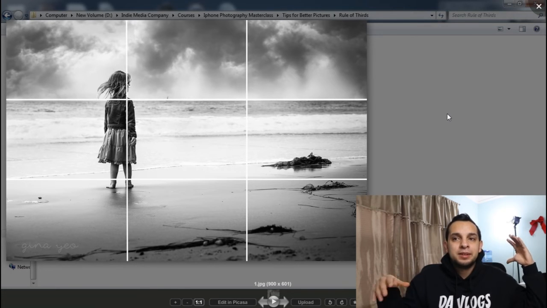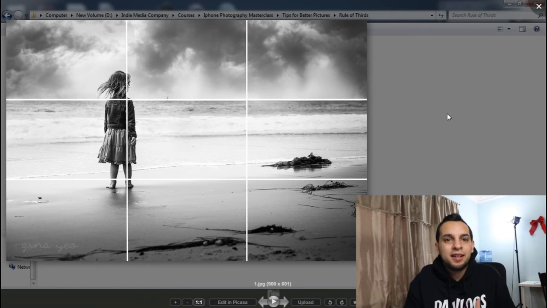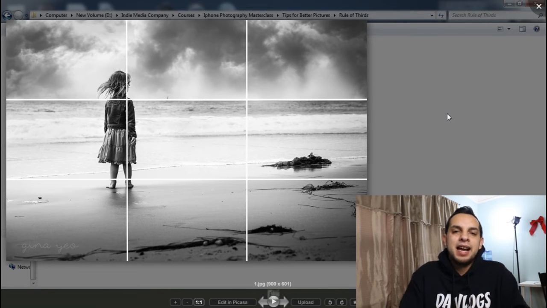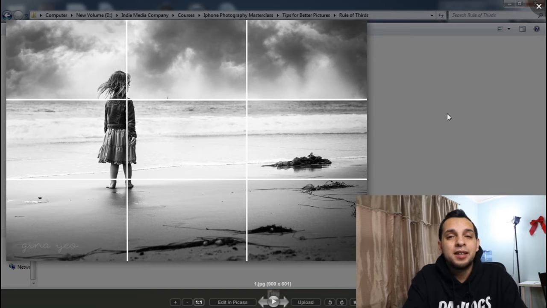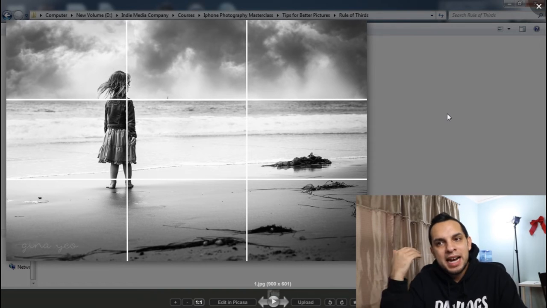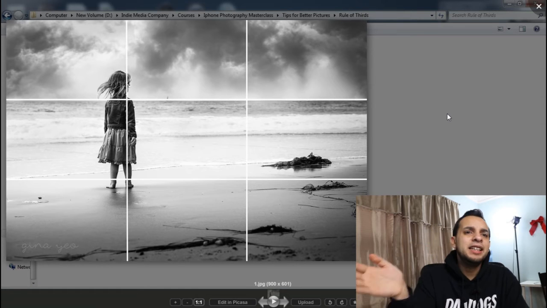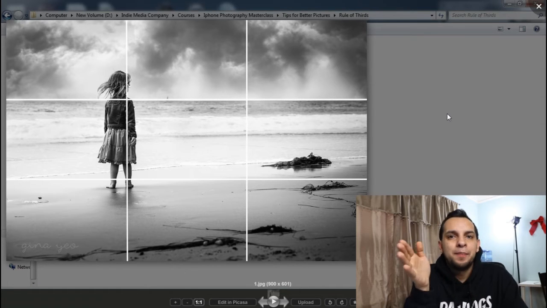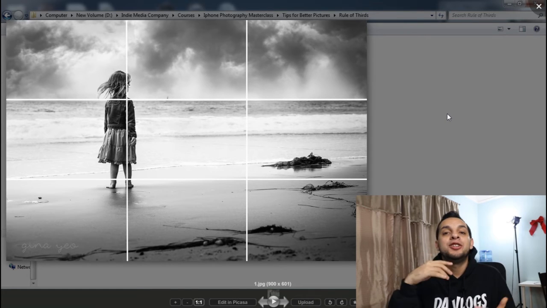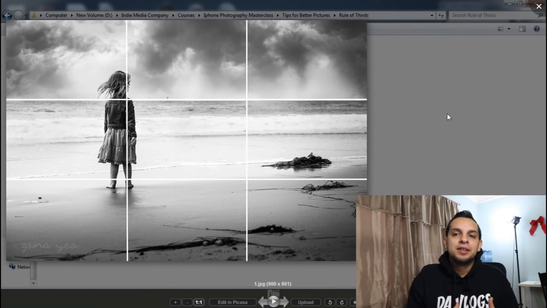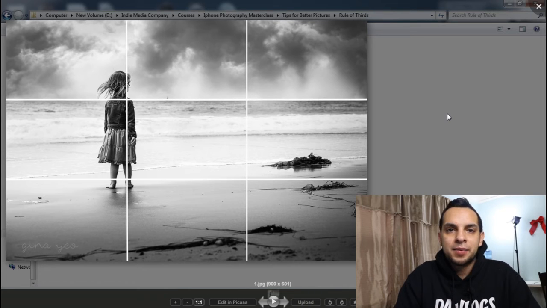You can have multiple subjects, and such. There are so many reasons the rule of thirds shouldn't be everything you focus on, but if you really don't know, and you're putting the person in the middle and it's not looking interesting, then you can try putting them where these lines connect, and use the rule of thirds to help you. Just try a different composition.